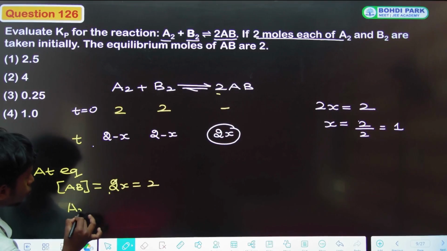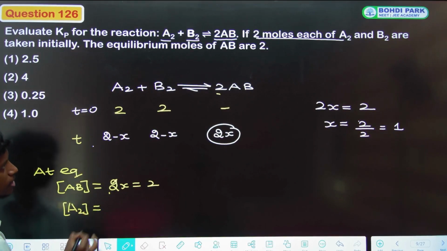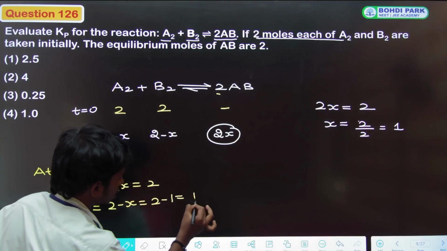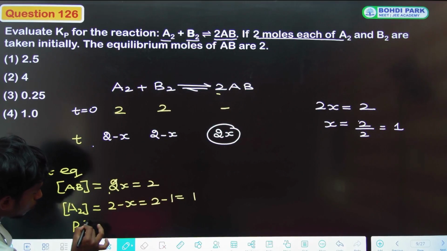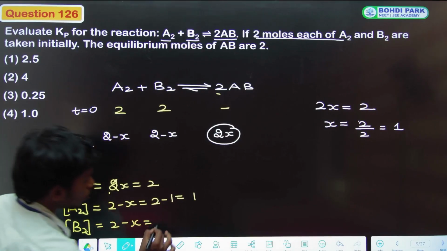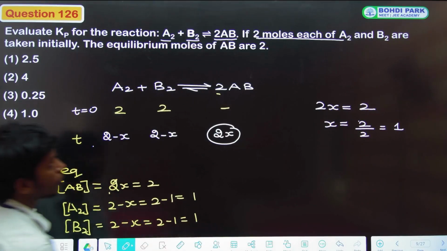The concentration of A2 is equal to 2 minus x, so nothing but it is 2 minus 1, that is equal to 1. The concentration of B2 is equal to 2 minus x, that is equal to 2 minus 1, that is also equal to 1.